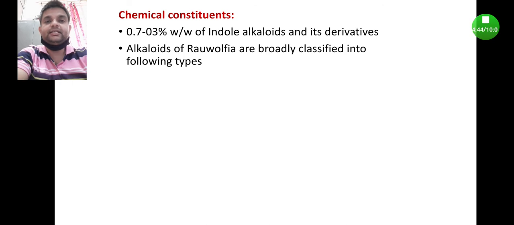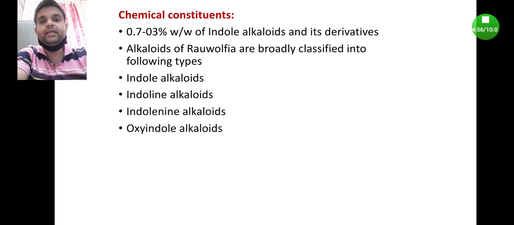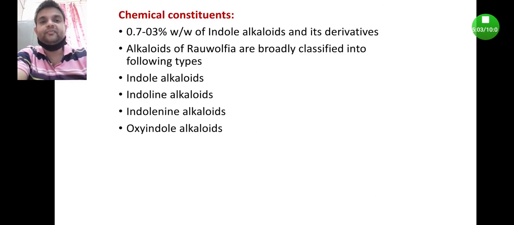Coming to the chemical constituents, as I mentioned earlier, it contains mainly indole alkaloid. It also contains indoline alkaloid, indolenine alkaloid, oxindole alkaloid, and pseudoindoxyl alkaloid. So these are the different types of alkaloid present in Rauwolfia root.